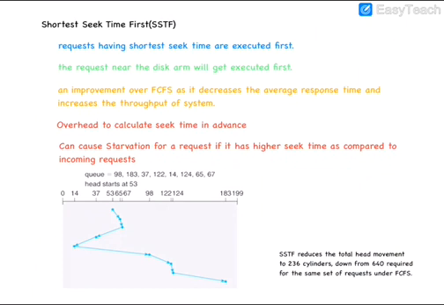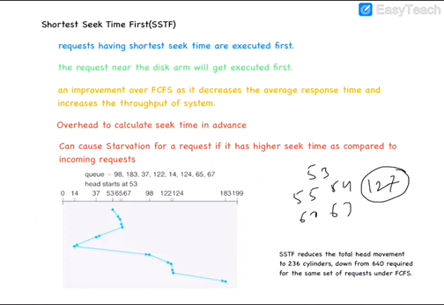Supposing that our disk arm is at 53 and I request 127, now if there are continuously coming requests for 55, 60, 67, 54, like that, all near to the disk head, then the request for 127 will be starved.